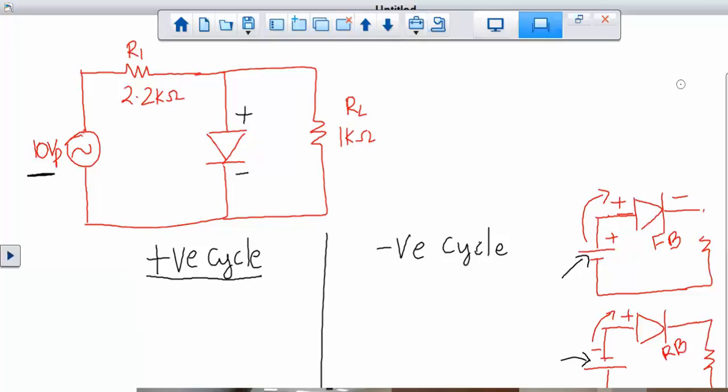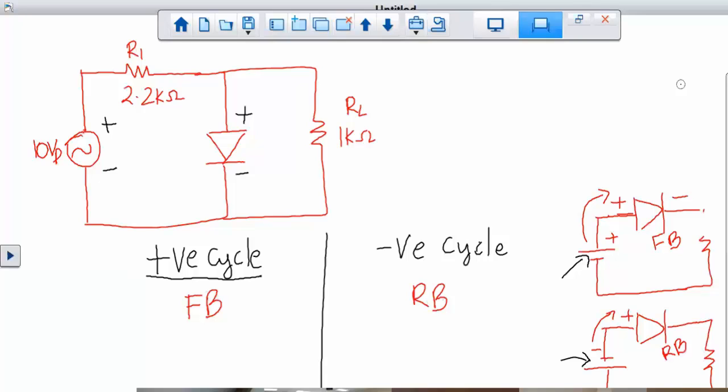What is the condition of the diode? When I'm talking about the positive cycle, the signal coming like that, that's the given direction. So what would the diode be? The diode will be forward bias, because that's positive to positive. That automatically means the negative cycle is reverse bias. You don't even need to think again. Once you decide forward, the other would be reverse. If this is forward, that would be reverse.